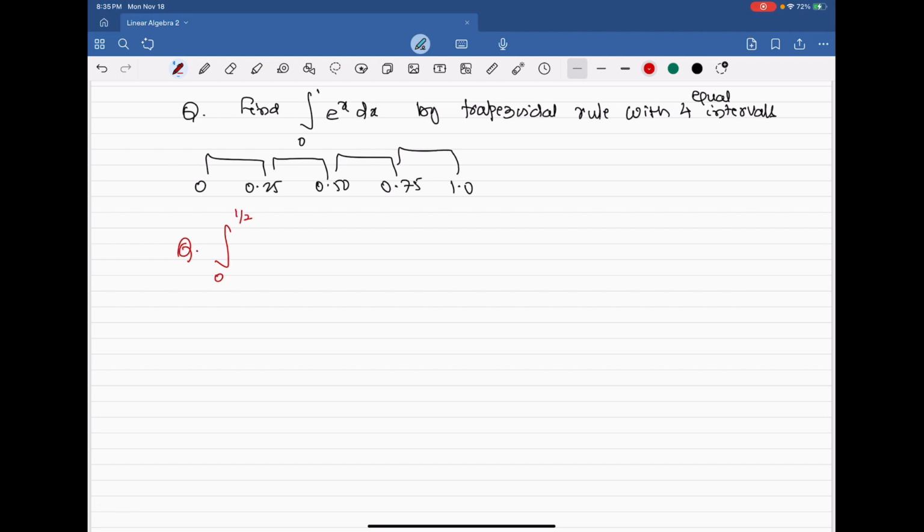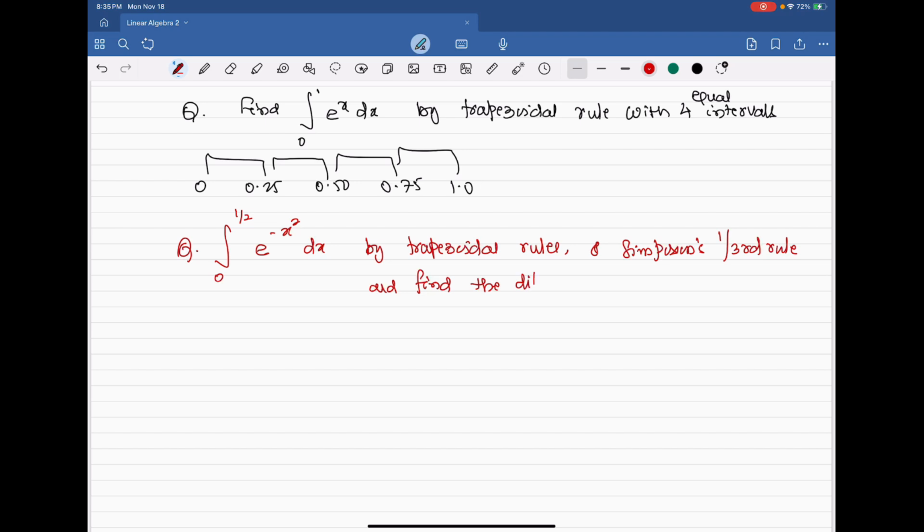The interval is 0 to 1 by 2, the integral of e to the power of minus x square dx, by the trapezoidal rule. And Simpson's rule, Simpson's 1/3 rule. And find the difference. Yes, take the tough questions.